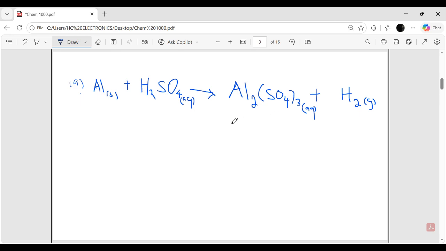Okay, so now they want us to use the oxidation number method to balance this redox equation. The first thing that you do in the oxidation number method, so I'm going to write oxidation number method here on top.